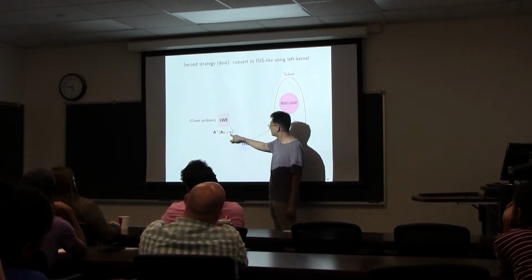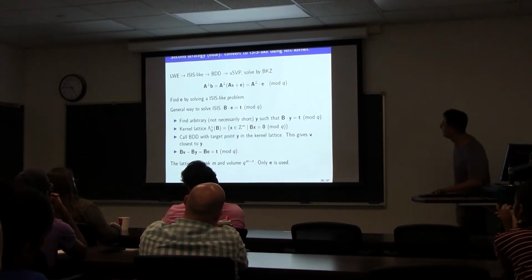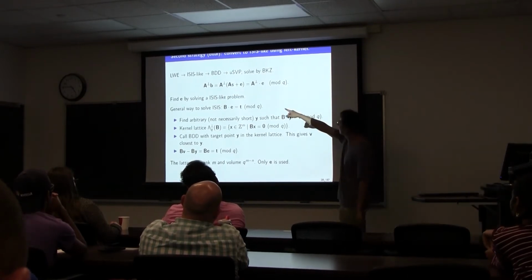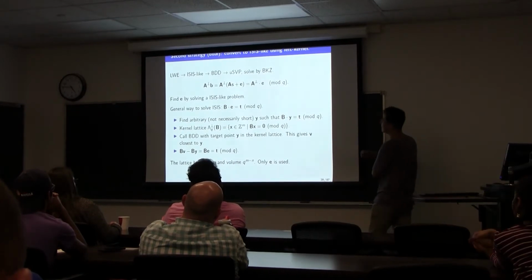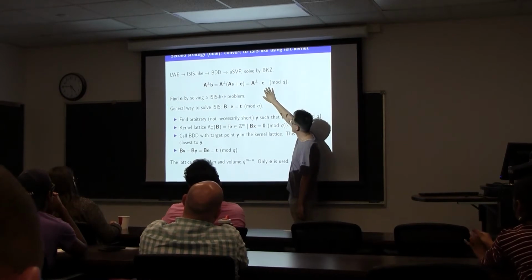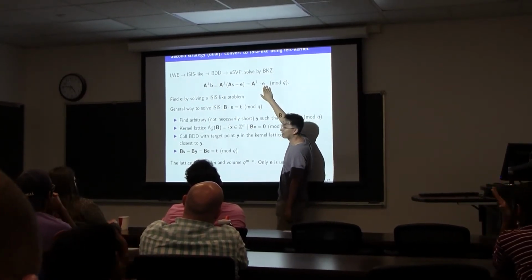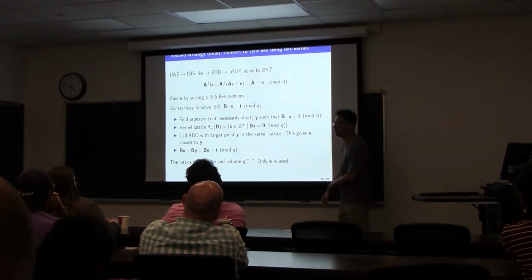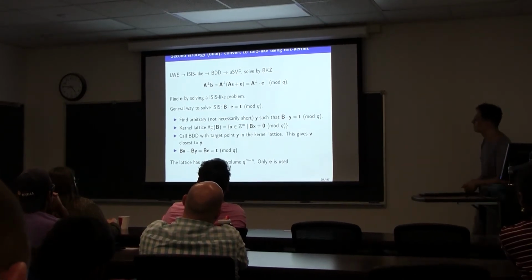What I'm left with is A kernel times E equals A kernel times B. The right-hand side is A kernel times B, which is known when I define the problem, and the left-hand side is A kernel times E. If you treat this as another matrix times a secret vector E equals another target B prime, that's essentially a SIS problem. So it converts the LWE problem into a SIS problem.